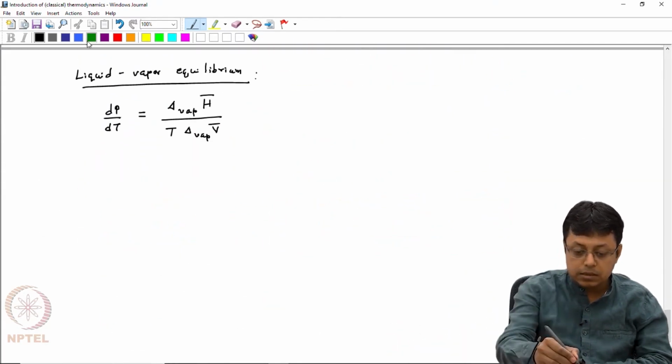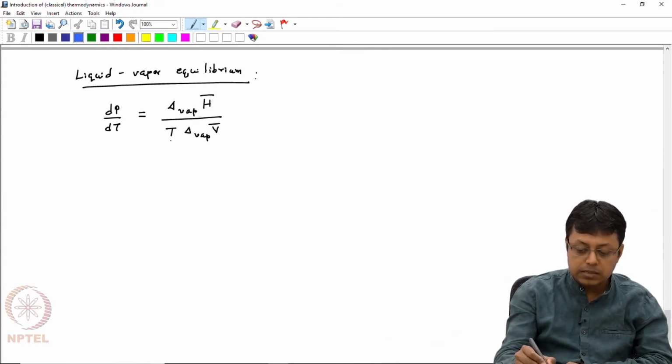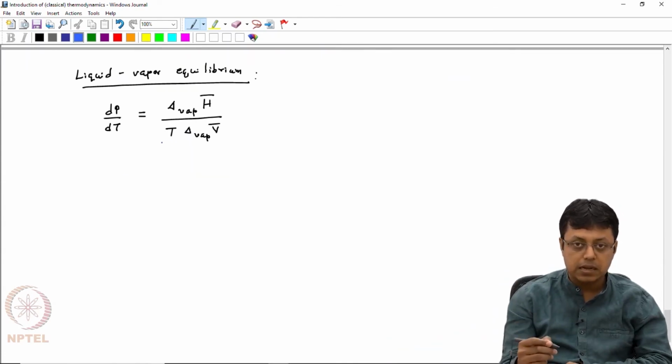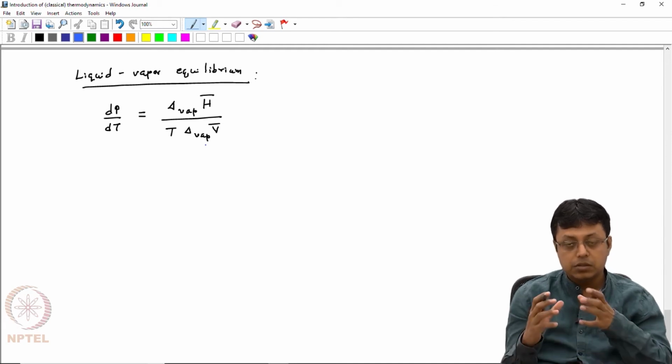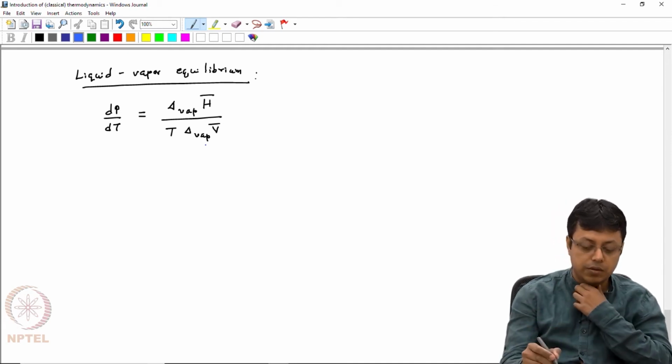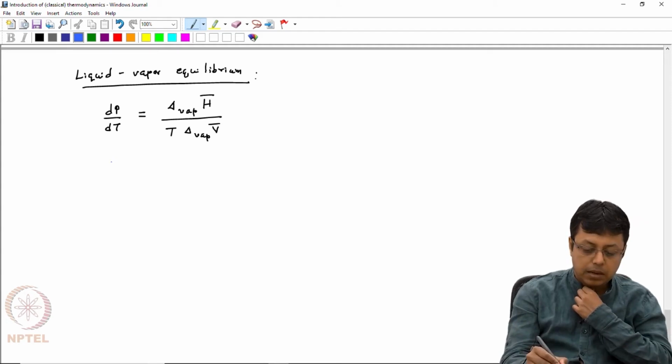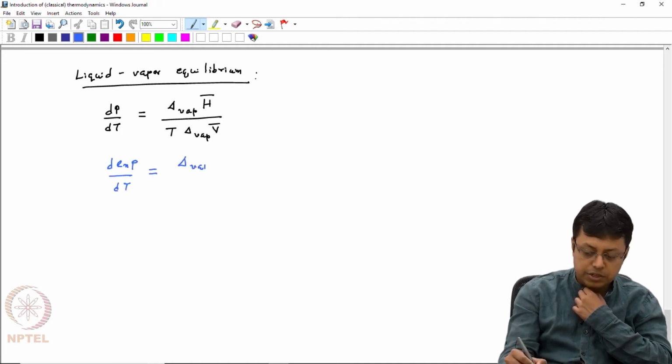As you can see, the delta vaporization of V, there will be two volumes, and one of the volumes you can write as RT by P. Then finally it will be dP by P, which you can write as d ln P/dT equals delta vaporization H divided by RT squared.